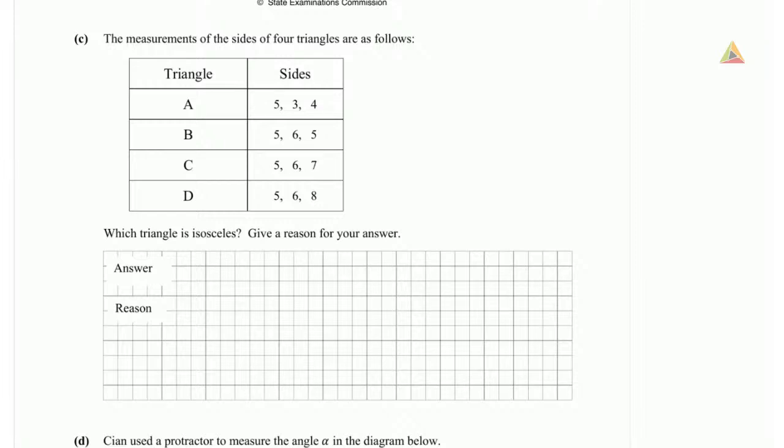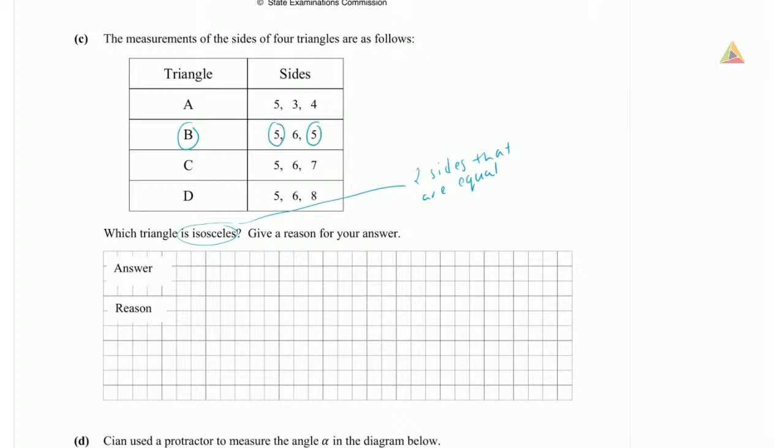Now it's asking us which one of these is an isosceles and give a reason for your answer. Now first of all, what is an isosceles? An isosceles is a triangle where you have two sides that are equal. So that must mean that two of the sides must be the same value. So the only one that I can see there that has two of the same value is triangle B, because it has two sides that are 5.